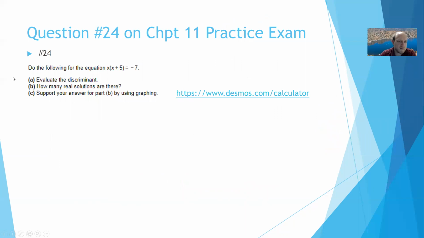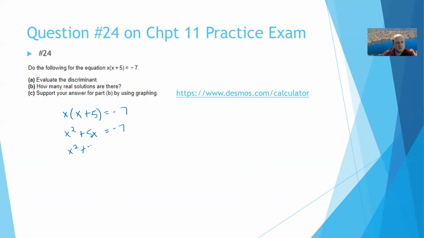But number 24 on the practice exam says, do the following for the equation x times x plus 5 equals -7. Evaluate the discriminant. So we're going to take this equation and find the discriminant of it. The first step is to distribute the x. So x times x is x squared, x times 5 is 5x, that equals -7.